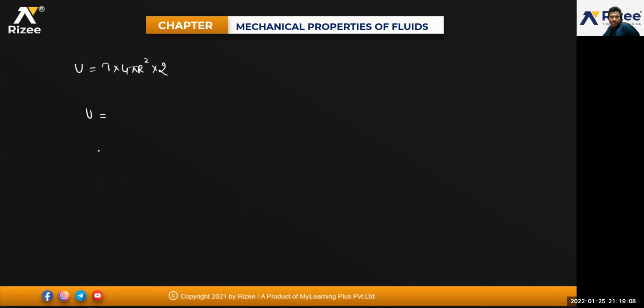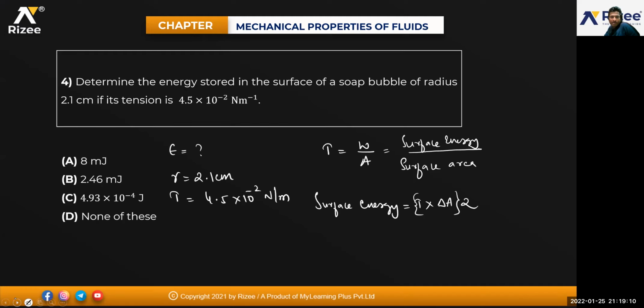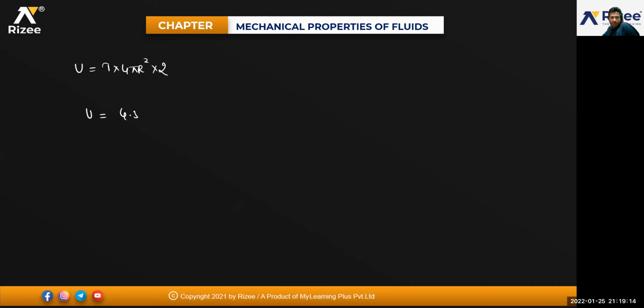So energy U is equal to, what is surface tension given for me, beta? 4.5 into 10 power minus 2 into 4 into 3.14 into radius 2.1 into 10 to the power of minus 2 whole square into 2. So 2.1 I can take as 2 approximately, beta. You can simplify it and see how much I'm getting as the answer.